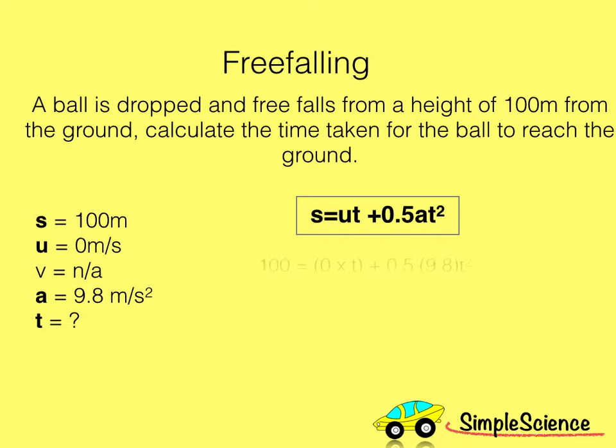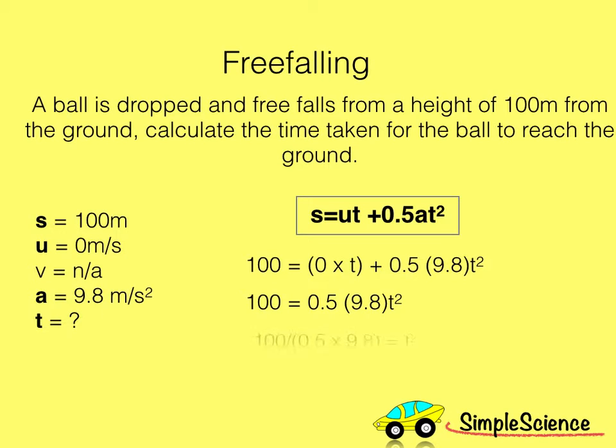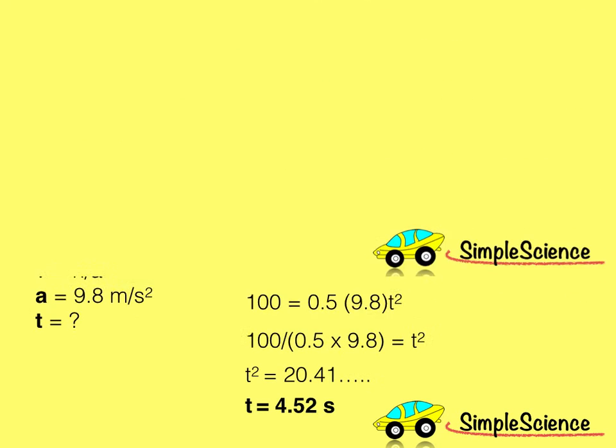You can plug in all the values. You get 100 equals 0 plus half g t squared, basically. You rearrange this to get t squared, and then you take the square root of that value, and you should get 4.52 seconds. Okay, very simple. It is another example of Suvat equations, that's all.